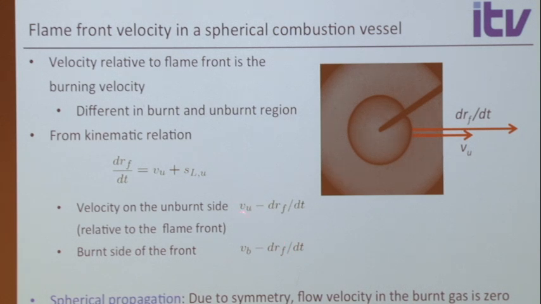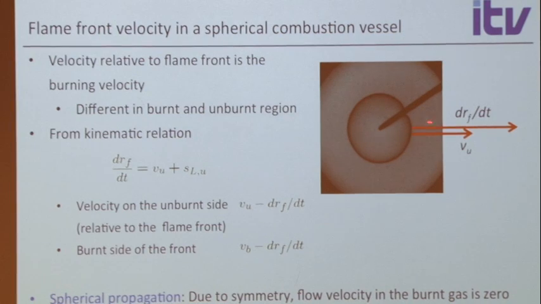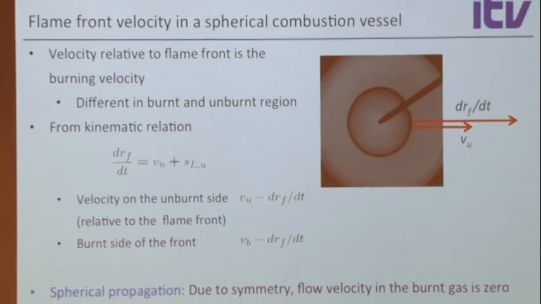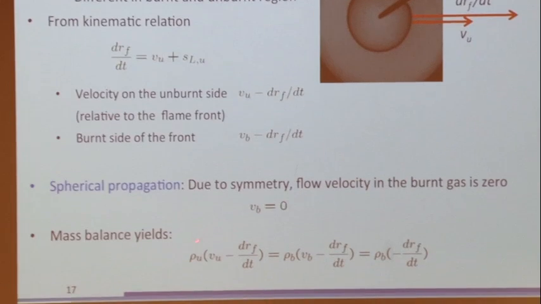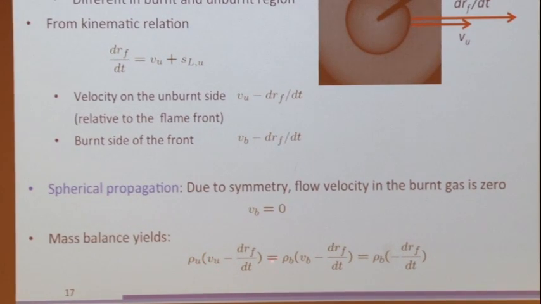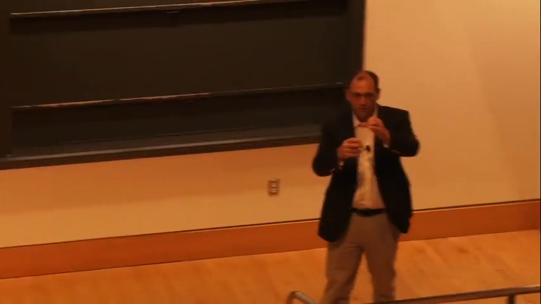So these are the velocities that just come into the flame and that just go out of the flame. And so if you, again, do the mass balance across the flame, then you have the density in the unburned times the velocity in the unburned equal to the density in the burned times the velocity in the burned.